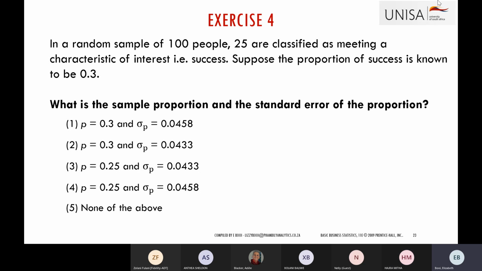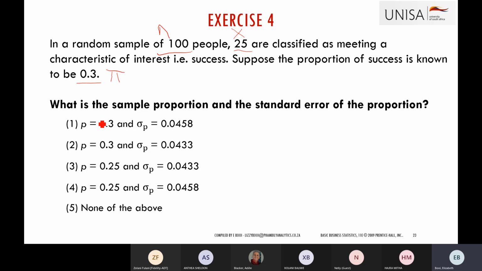Okay, so let's look at that. So what is P? What are we given? We're given N, which is 100. We're given X, which is 25. And we're given the population proportion.